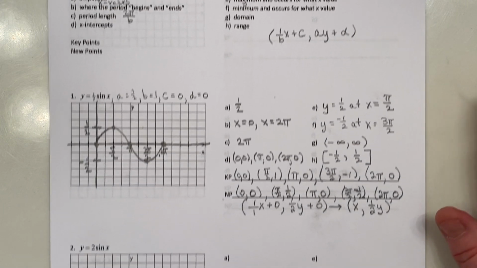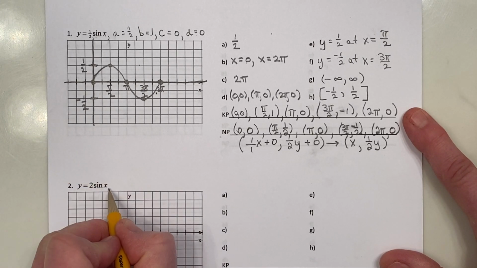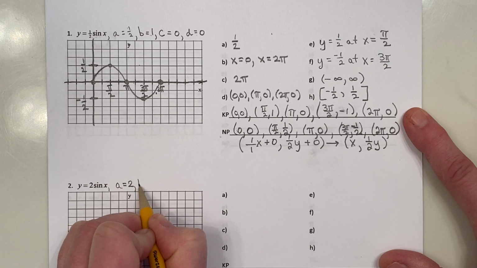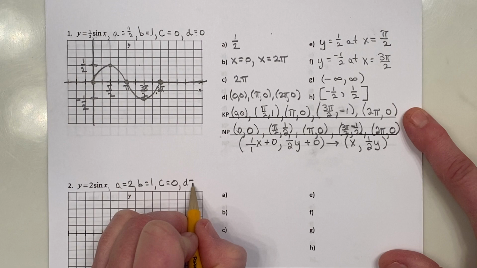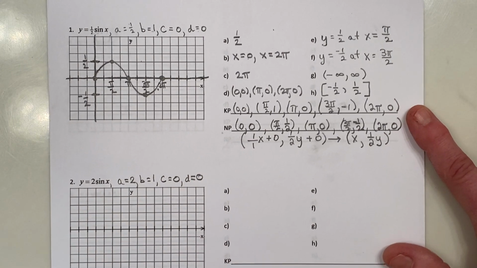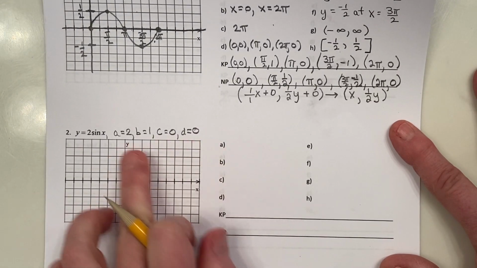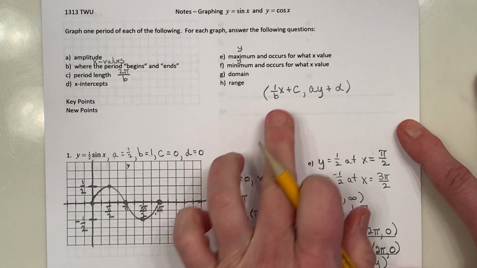All right, just practice. Let's do some more. If I'm going to graph this, the first thing I'm going to do is identify A through D. Okay, and then I'm going to come down here and start to come up with formulas for the new points. So I'm looking back up here at the formula.